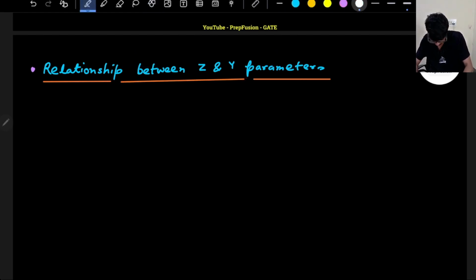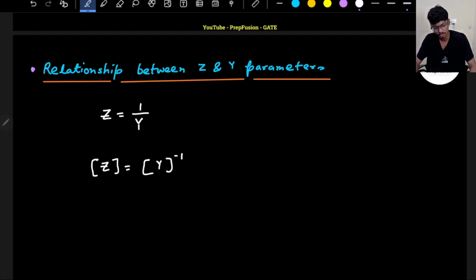The basic thing is, if I know my z matrix, y will be the inverse of this, right? The same thing applies here as well. If I have the z parameter matrix, y will be the inverse basically. Sorry, z will be the inverse of y, or vice versa.